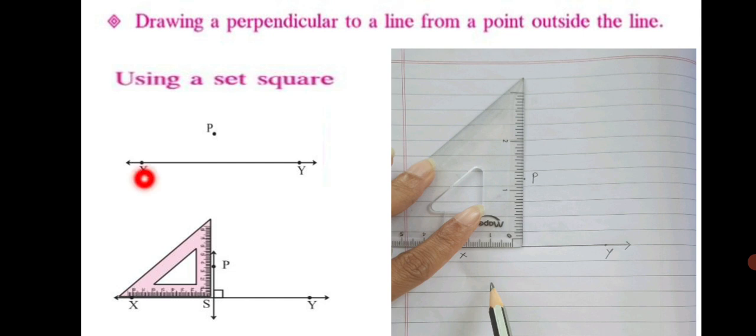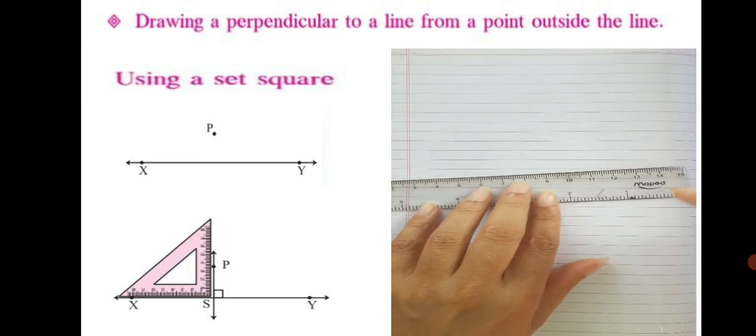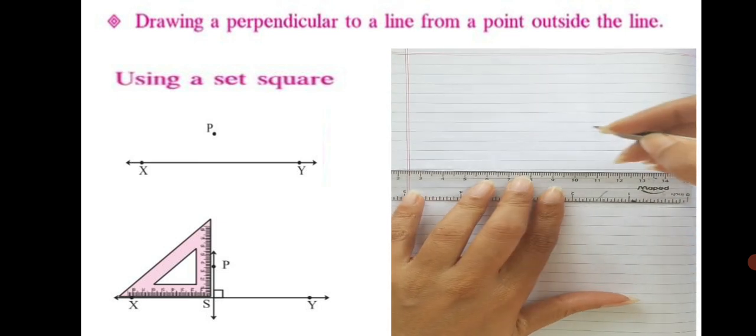So we have line XY, and using a set square, we are going to draw a line perpendicular to XY through point P, which is outside the line. So let's do it. First, we will have to take a scale and a pencil to draw a straight line.